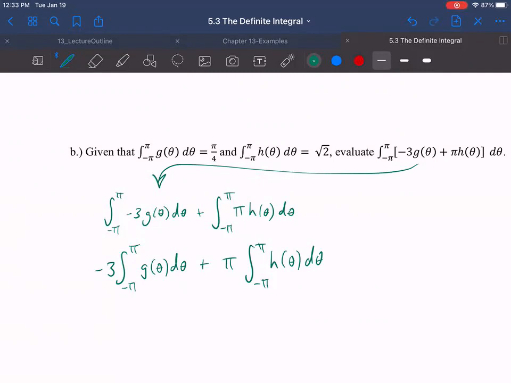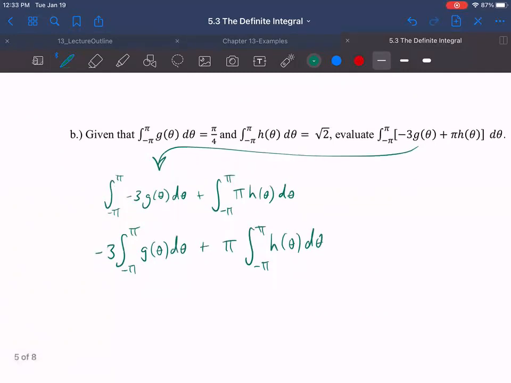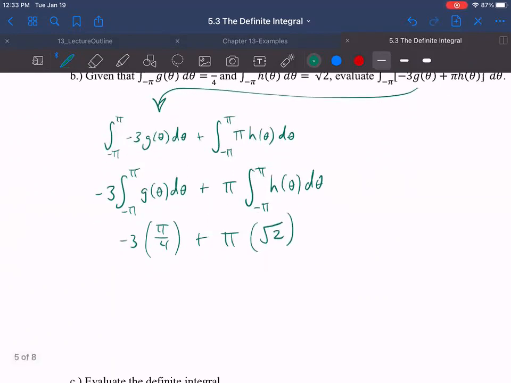It's pi over 4, right? So this becomes negative 3 times pi over 4. And then this one over here, we know what the integral of h of theta is. It's square root of 2. So this becomes pi times the square root of 2. And so we can factor that pi out, and we have pi times negative 3/4 plus the square root of 2.